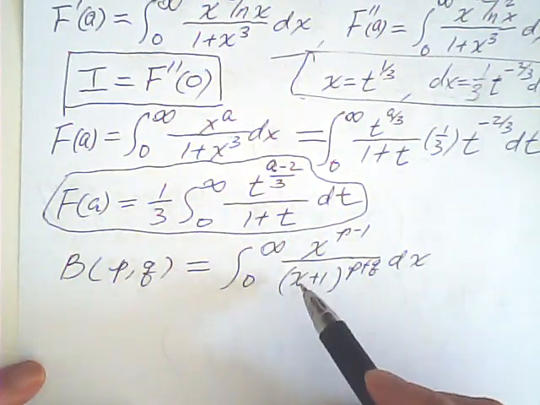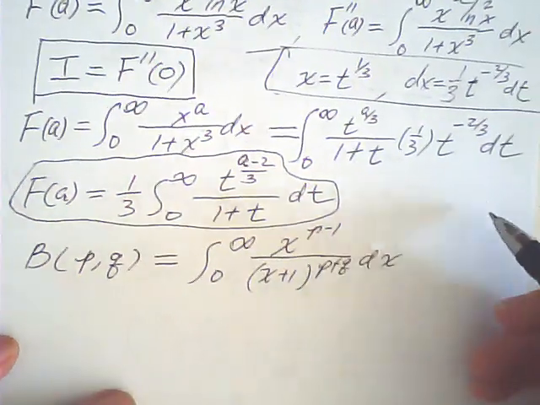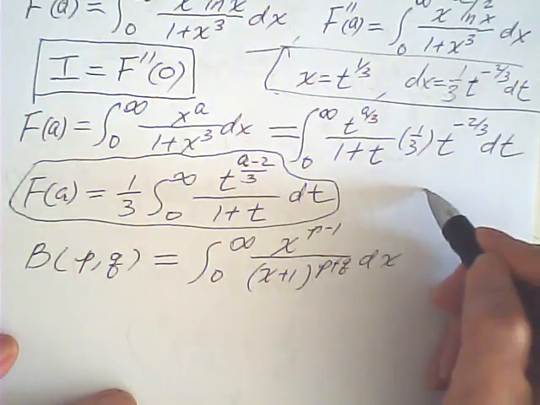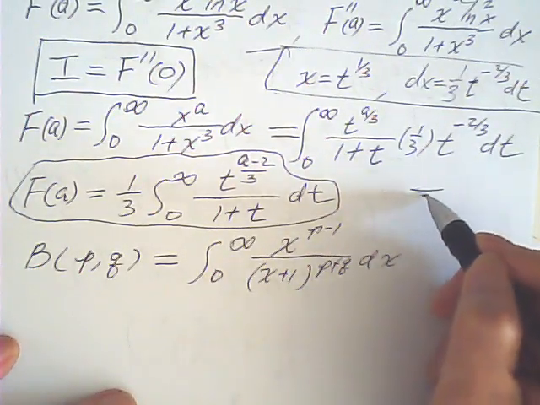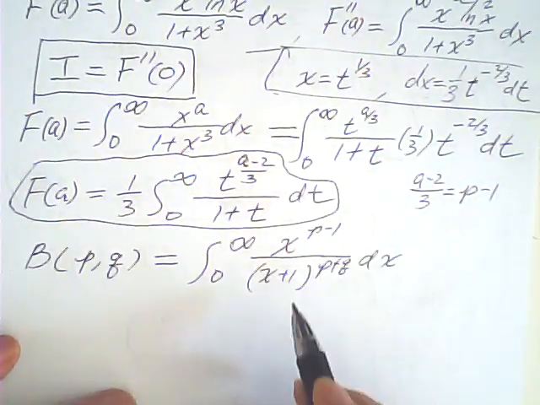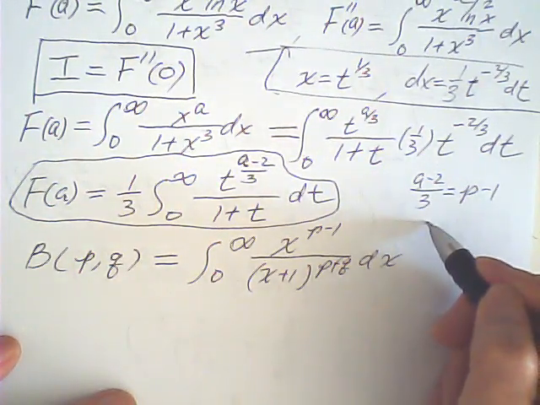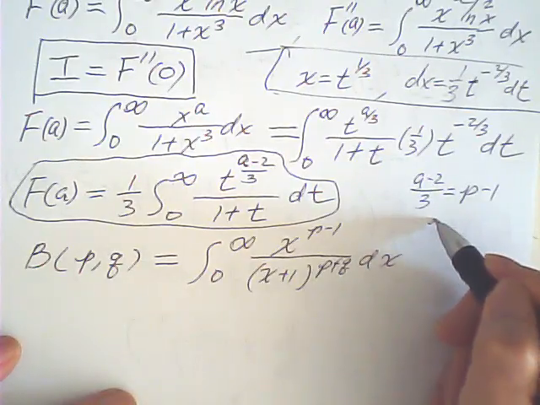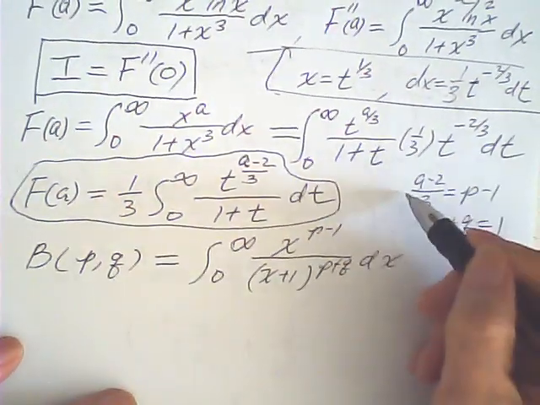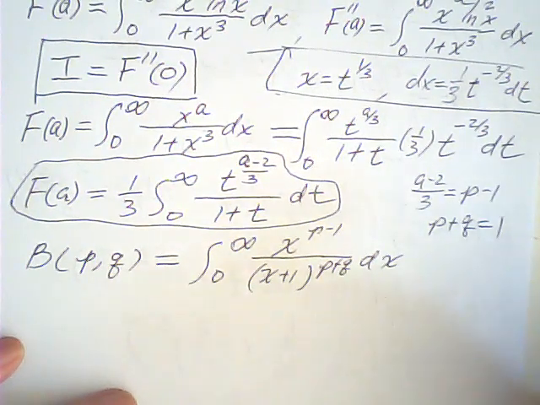Now this one looks like the beta function, right? In which 1/3 of a minus 2 is equal to p minus 1, and p plus q is equal to 1. I want to match that.